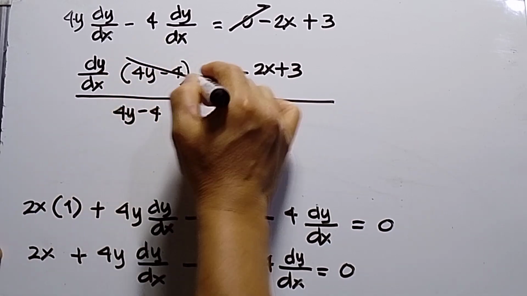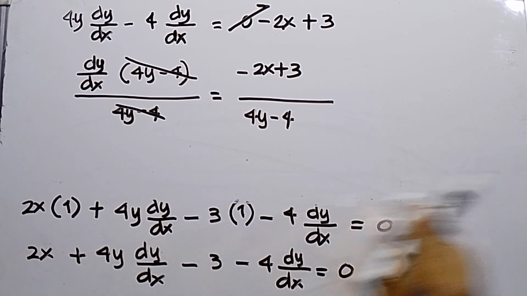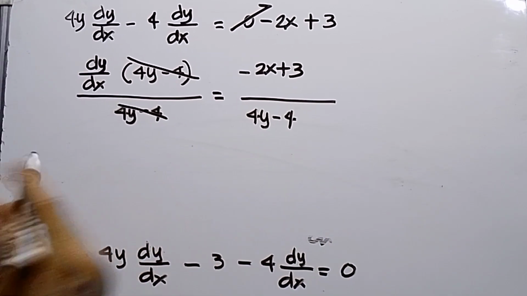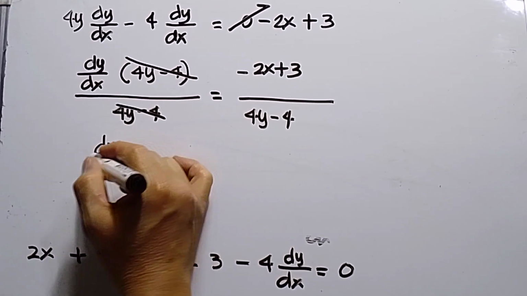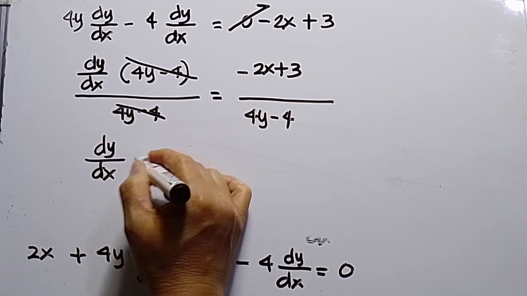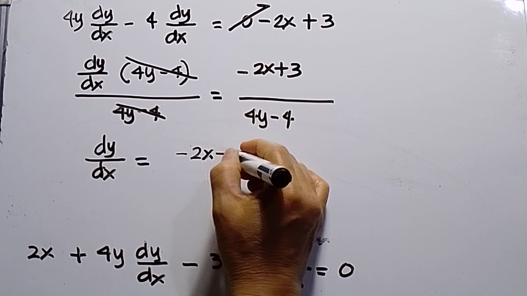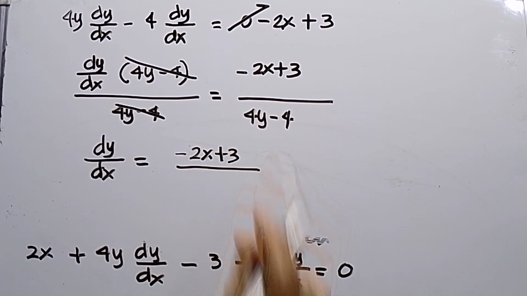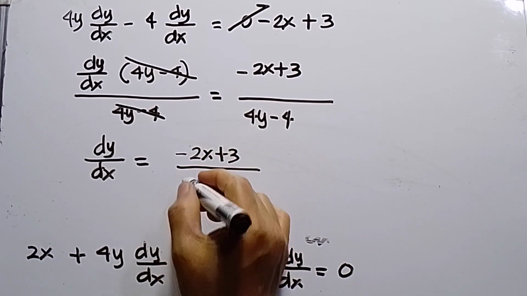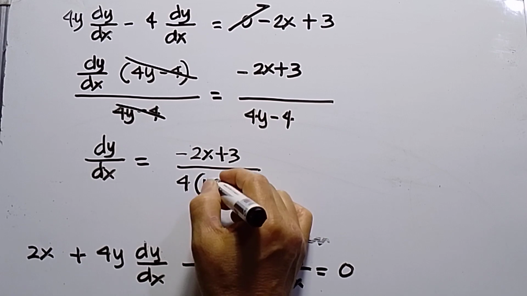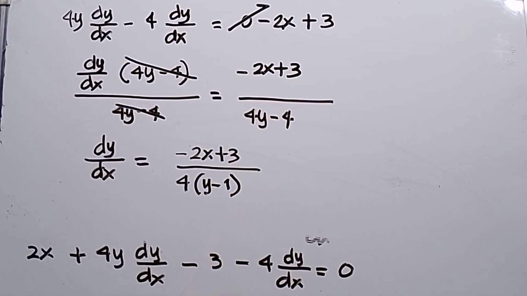So 4y minus 4 will be crossed out. So I have here dy over dx is equal to (minus 2x plus 3) over 4 times (y minus 1).